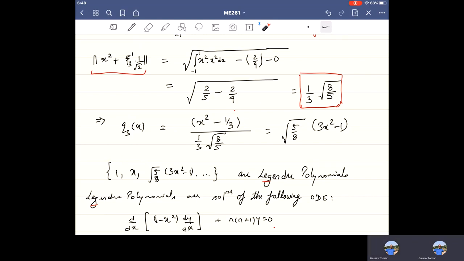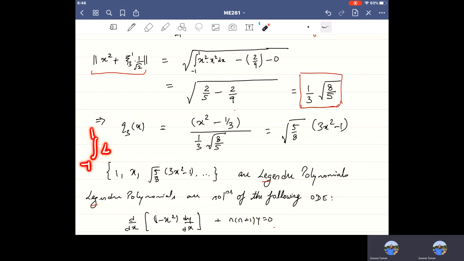You can of course expand to P3, P4, P5, and if you go in this fashion, the new vectors that you keep getting are 1, x, 3x squared minus 1, plus the next ones that you keep getting. They are nothing but Legendre polynomials, which have this special property of being orthogonal from minus 1 to 1.